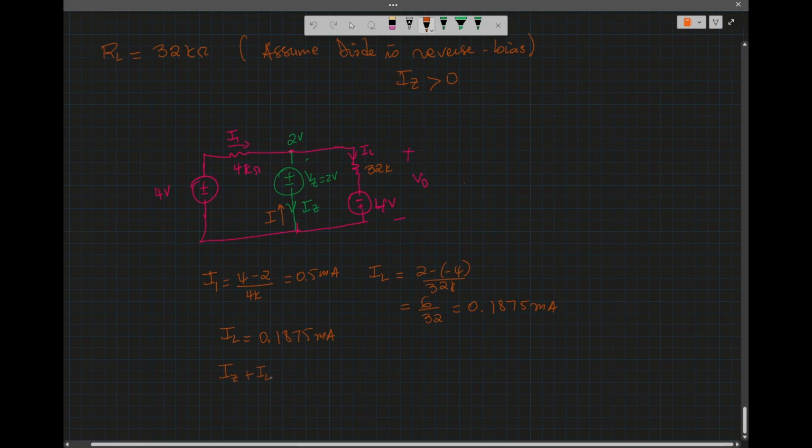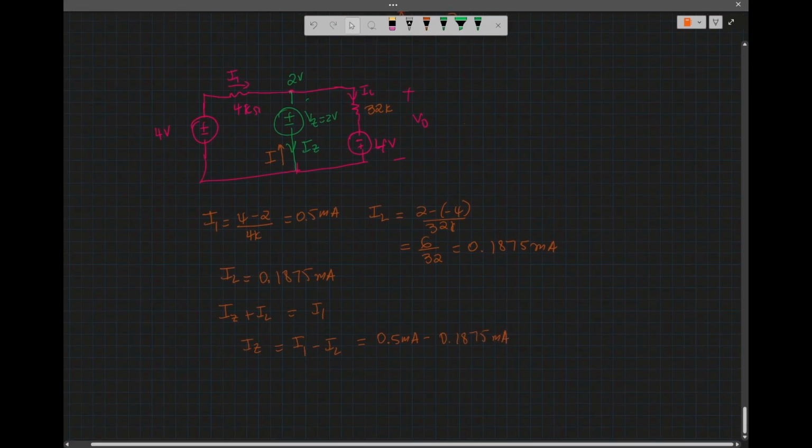And then IZ plus IL equal to I1. So IZ is I1 minus IL. So I1 0.5 milliamp minus 0.1875 milliamp. So as you can see, this is positive.